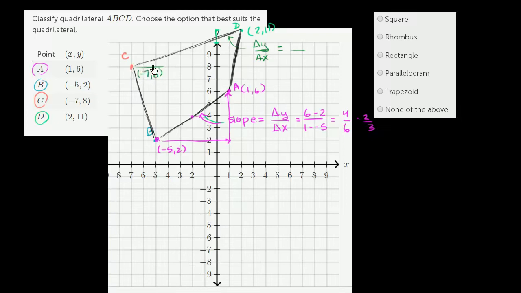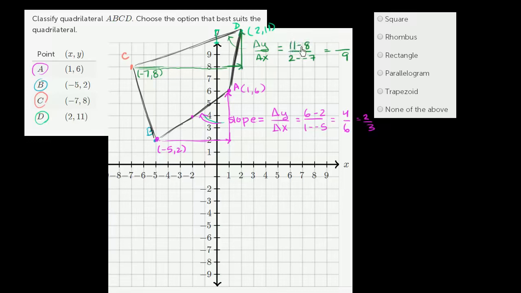So our change in x, we're going from -7 to 2, or 2 minus -7. So we are increasing by 9. That's our change in x, so that's going to be equal to 9. And then our change in y, we've gone from 8 to 11. So we've gone up 3, or we could say 11 minus 8.